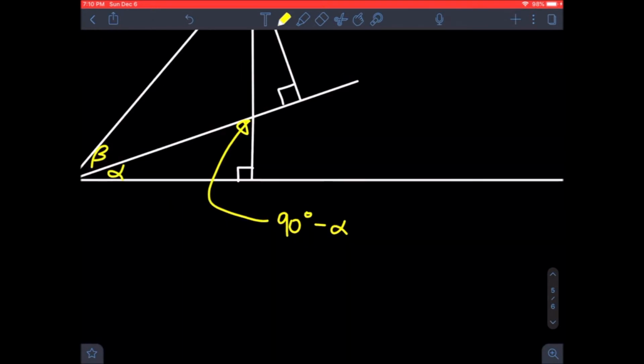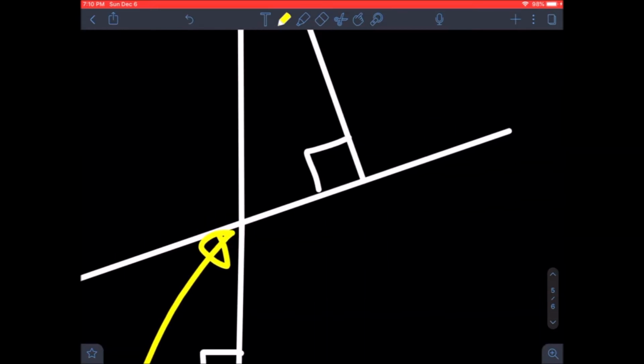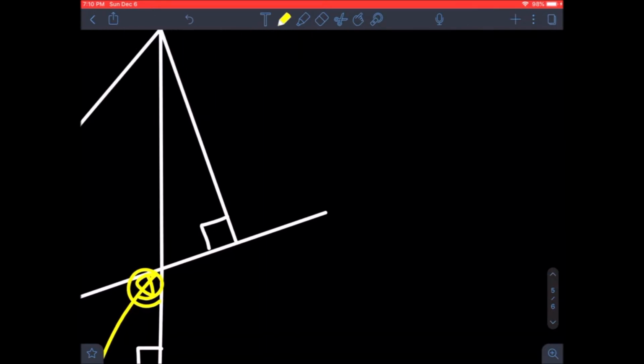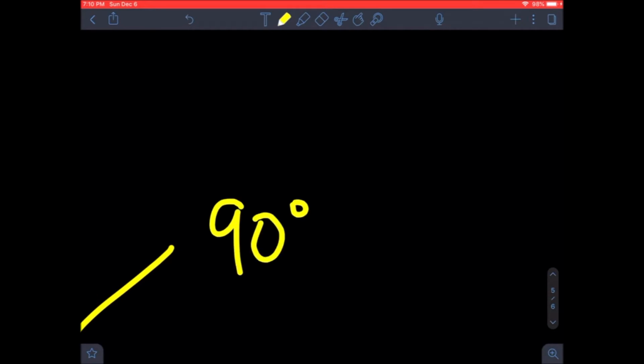Because it's a right triangle, if this is alpha, then this one just has to be 90 degrees minus alpha. Now, for this angle right here, this angle and this angle are vertical angles, so they have to be the same. That means this angle right here is also 90 degrees minus alpha.